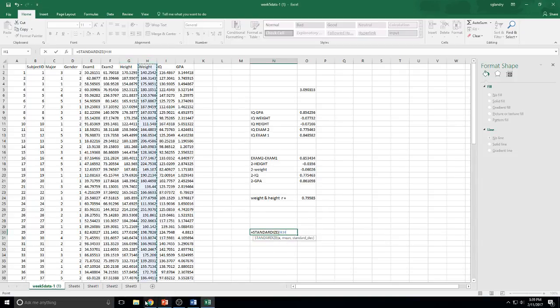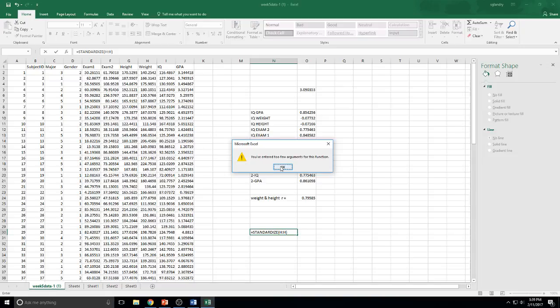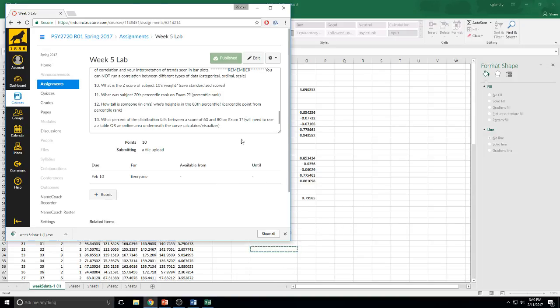Are we still on weight? God, what's my obsession with weight? Okay. Too few arguments. So it looks like standardize needs the x part, the mean and the standard deviation. Right, because we can figure out the z-score just by doing that.